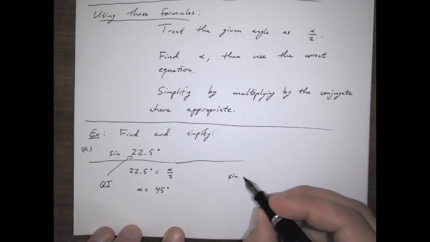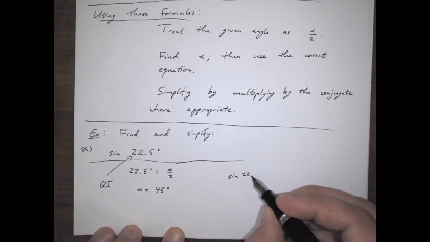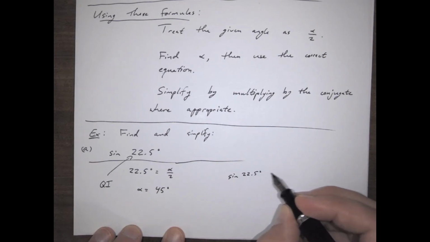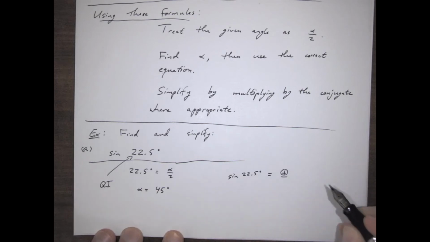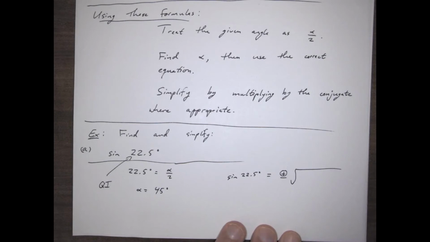So sine 22.5 degrees is equal to plus or minus, and I already know it's going to be plus, square root of 1 minus cosine 45 degrees over 2.